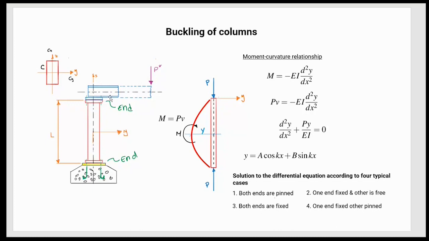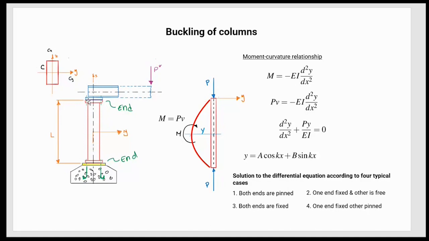I have a kind of reference system, XY. I have a length of the column that is called L, as it is measured right now. It is called the free length of the column, meaning that it just considers physically what you're going to have as the length of a column.